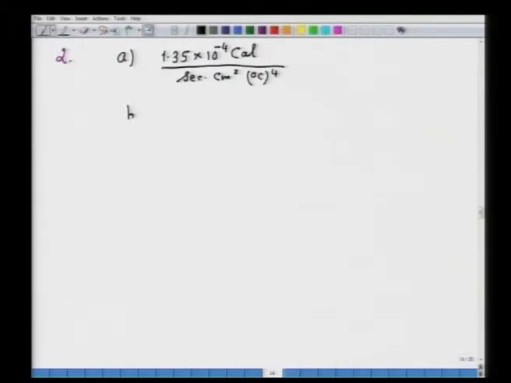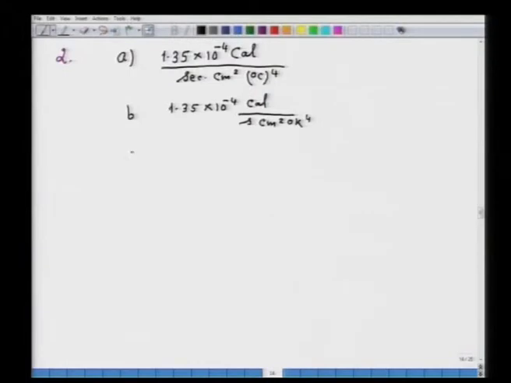Answer for B, that is also 1.35 into 10 to the power minus 4 calorie per second centimeter square degree Kelvin to the power 4.